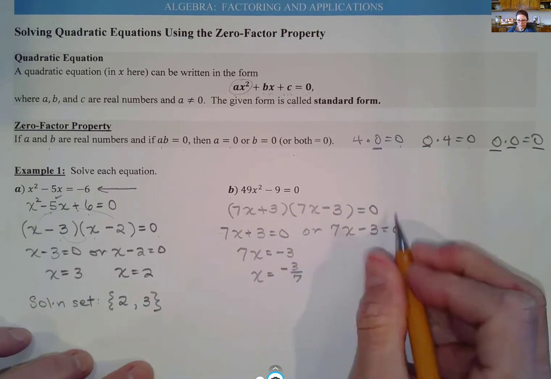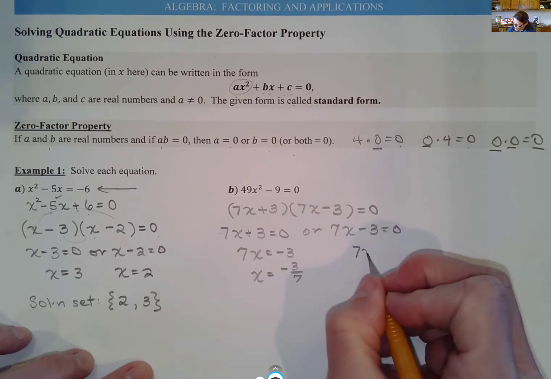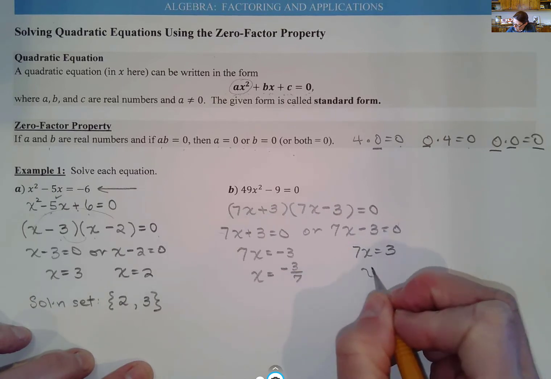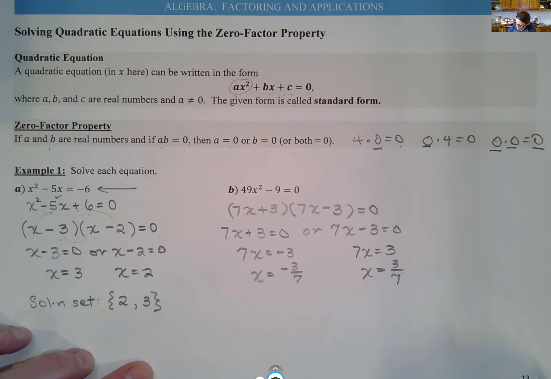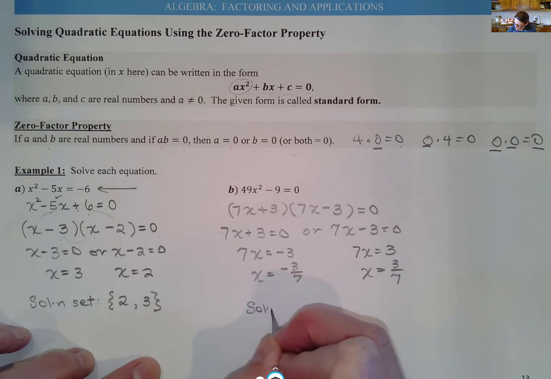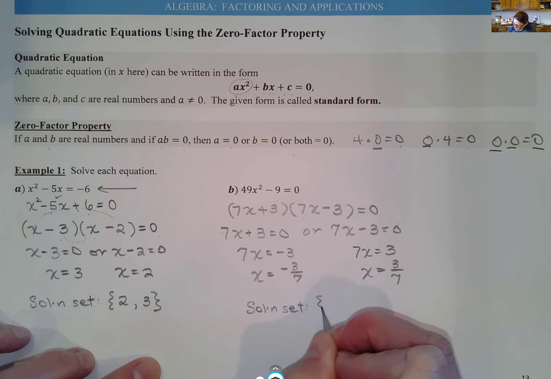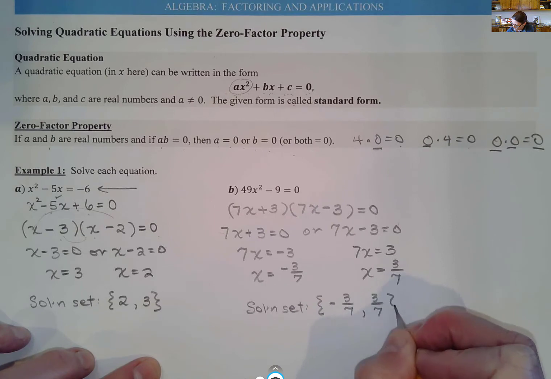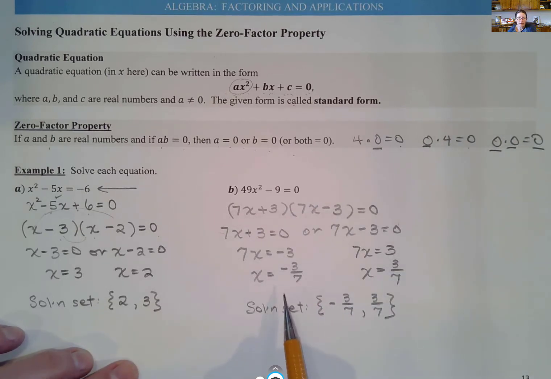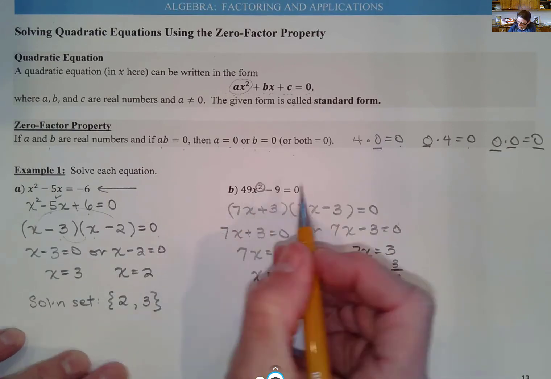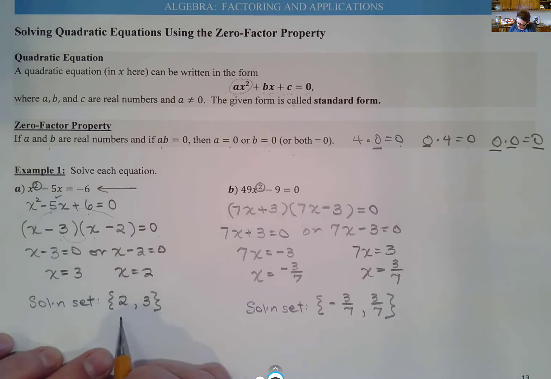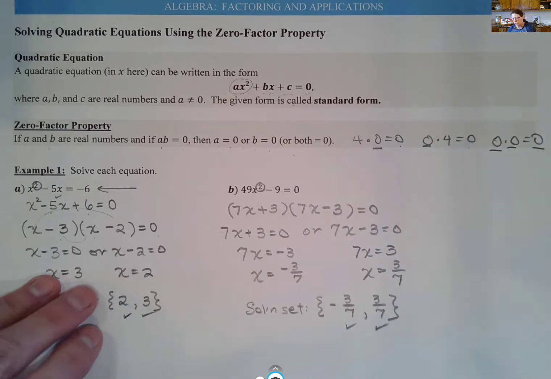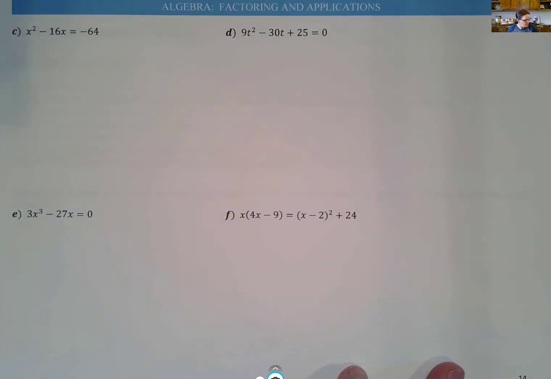Solving our other little linear equation here, add 3, divide by 7, x is +3/7. Our solution set then includes -3/7 and +3/7. Notice here that a quadratic equation can have up to 2 solutions. So when you see a second degree equation in there, you can expect as many as 2 solutions. They don't always have 2 solutions, but they can have as many as 2 solutions.